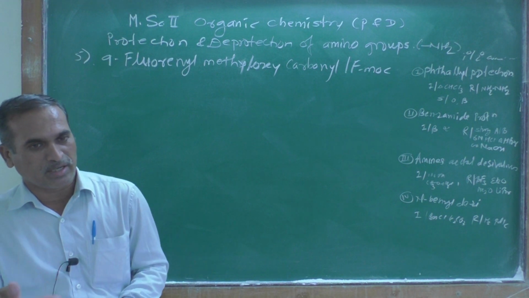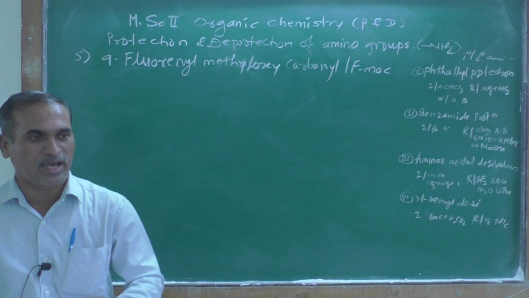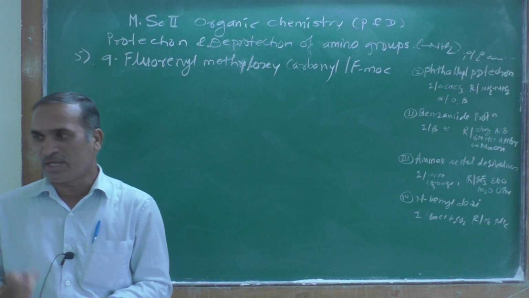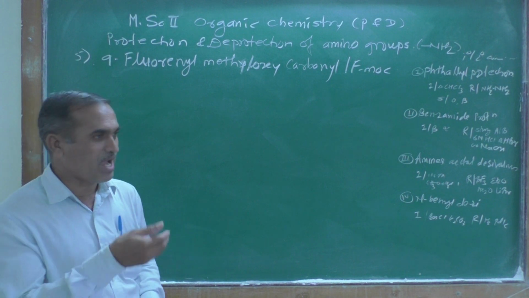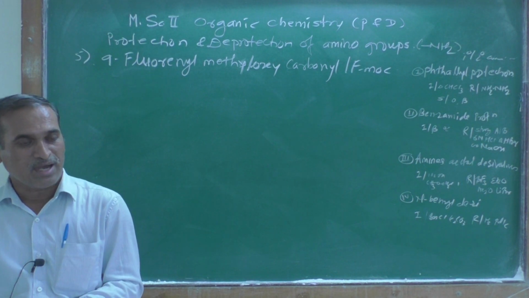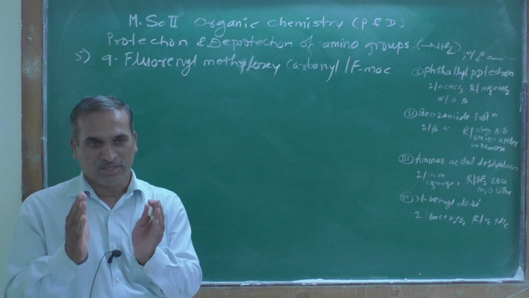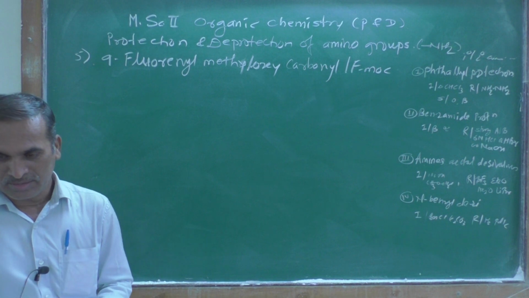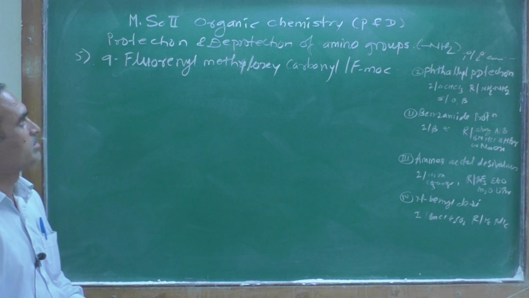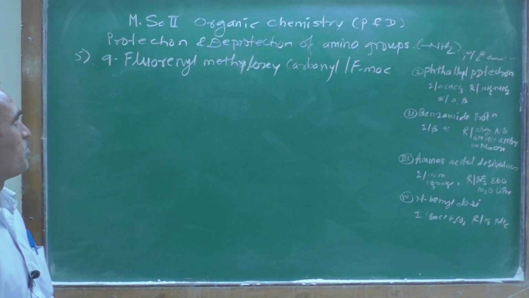After getting the desired product, we can deprotect it by using proper reaction conditions without affecting the other functional groups, and in this way we get the desired product in the organic reaction. So that is the main purpose, or the significance, of protection and deprotection.